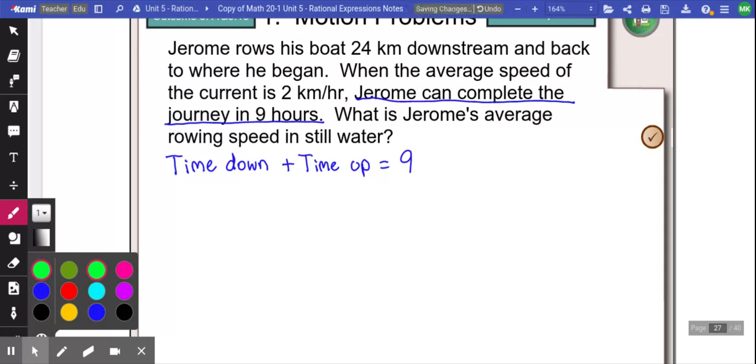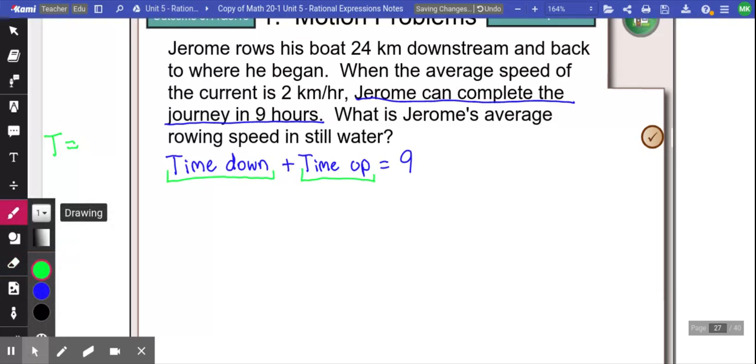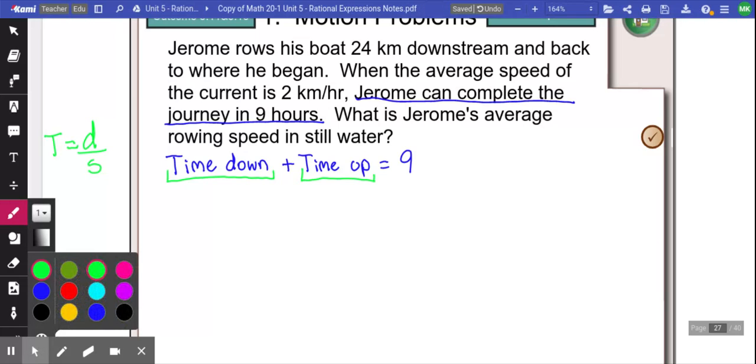It's then our job to turn these times into formulas using time equals distance divided by speed. So when we talk about time down, let's change it into distance downstream divided by speed downstream.